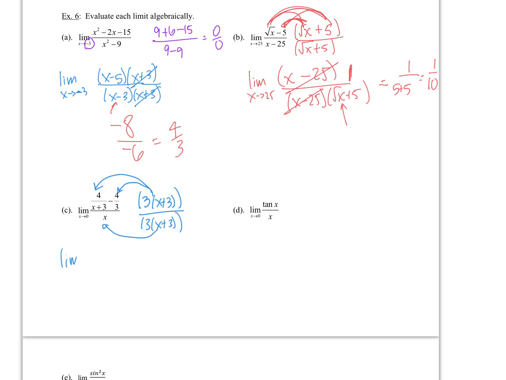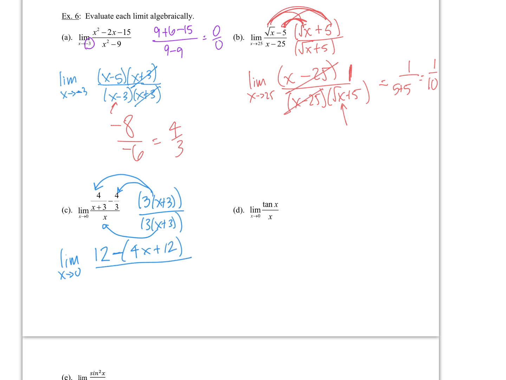So let's see what that looks like once I do some algebra. The first fraction ends up being, let's see, the x plus 3's cancel out, and I get 12. Minus, I'm going to put in parentheses, what I get when I multiply here. The 3's cancel, and I'm going to distribute the 4.